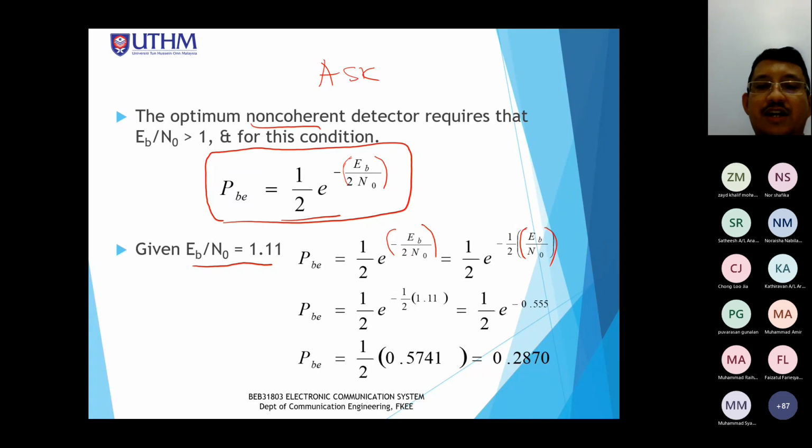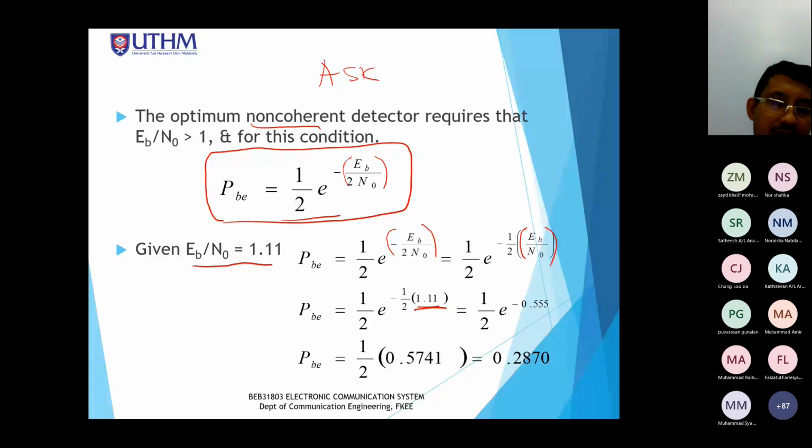We know the EB over N0 is 1.11, so put it inside the equation: minus 1 over 2 multiplied with 1.11. So try using your calculator now.